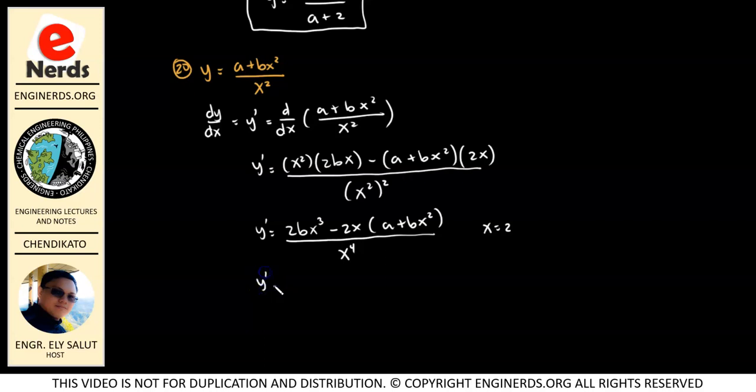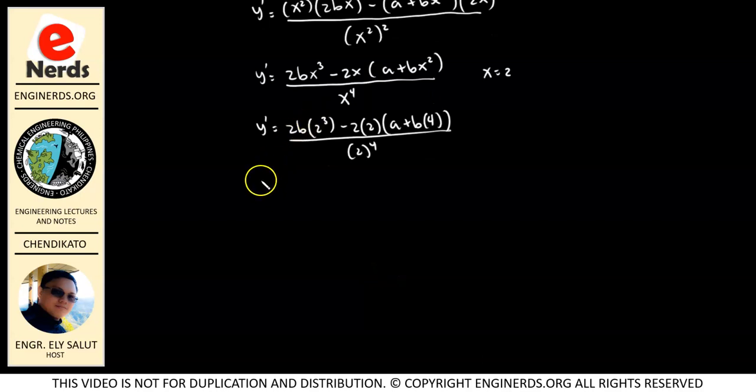So y prime is equal to 2b times 2 cubed minus 2 times 2 times a plus b times 2 squared, over 2 to the fourth.